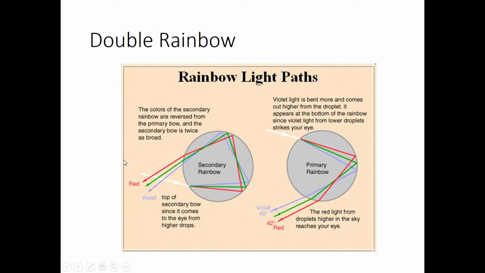So the sunlight enters the droplet, bounces off the back once, then bounces off the back twice, and then out towards you. Now, if you've ever been curious why double rainbows seem fainter than primary rainbows, it's because every single time this light reflects off the back of the droplet, it becomes dimmer and dimmer and dimmer.